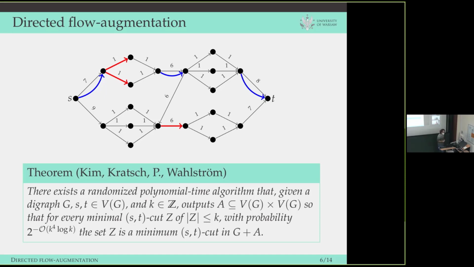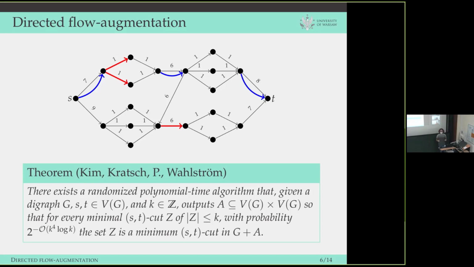This A is the set of added arcs, such that the flow increases, and with good probability, an inverse FPT probability, the set Z stays an S-T cut, so you didn't connect the S side to the T side, and at the same time you increase the flow so that it became a minimum cut. Okay, that's what this theorem says.